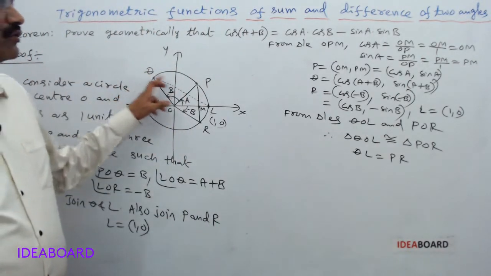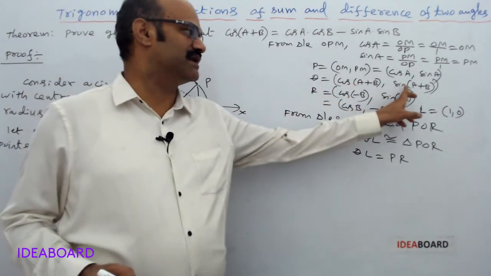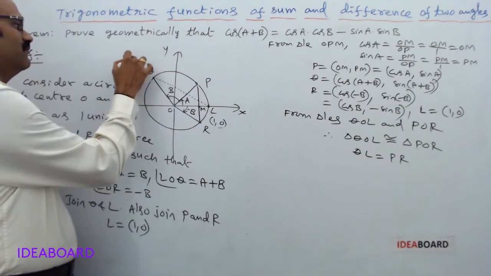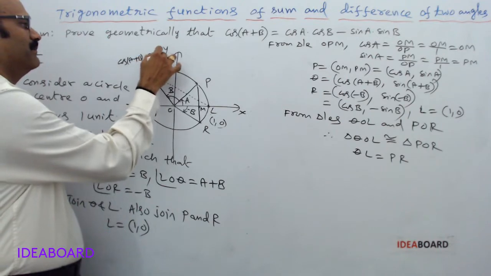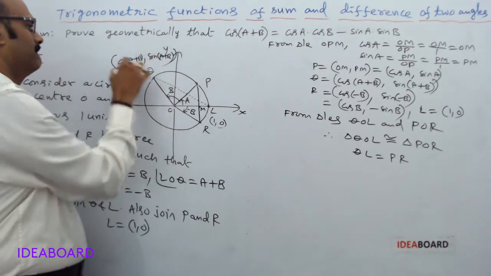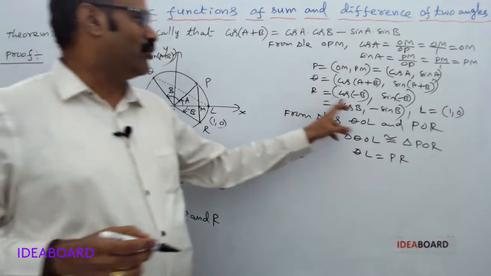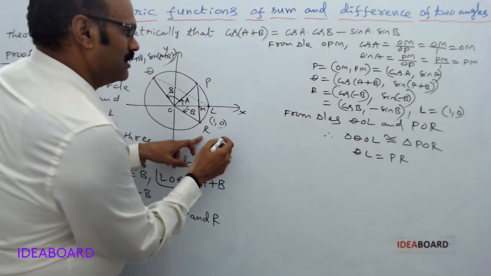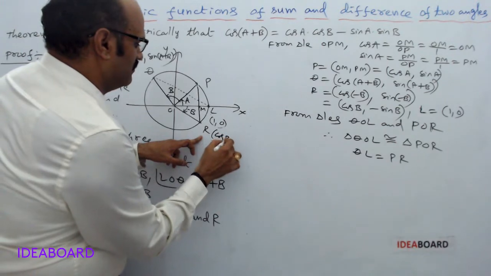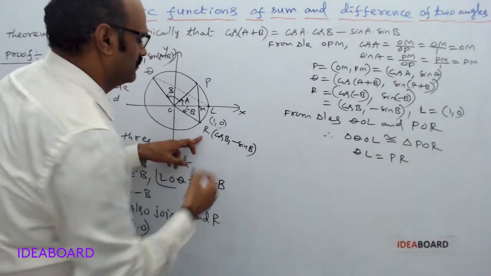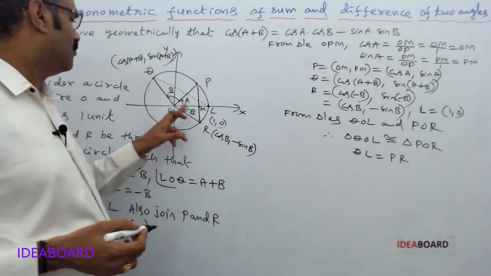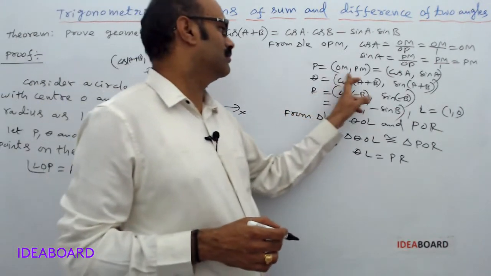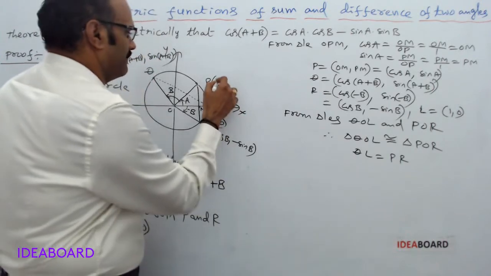Here the point Q equals cos of A plus B comma sin of A plus B. The point R equals cos B comma minus sin B. Point L equals 1 comma 0. Point P equals cos A comma sin A.